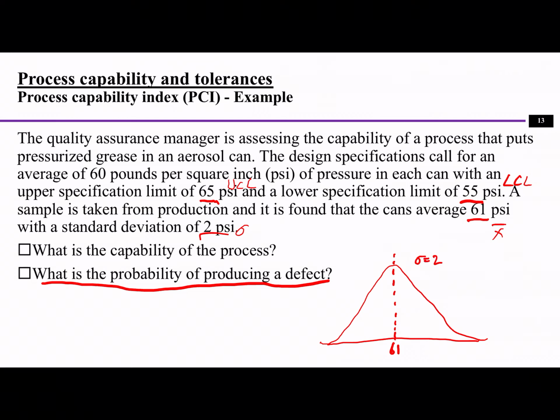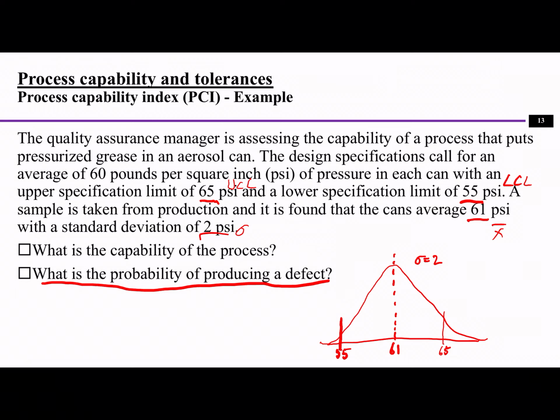But what happens is that the design limits, the specification limits, upper control limit and lower control limit, are 65 and 55.